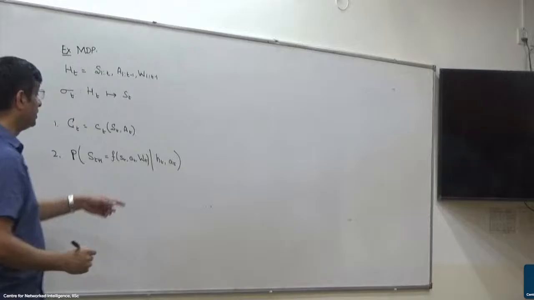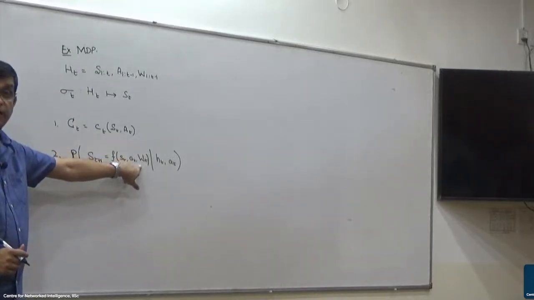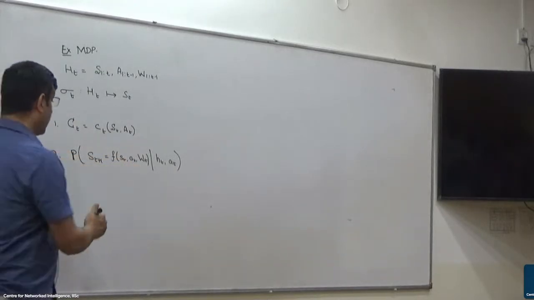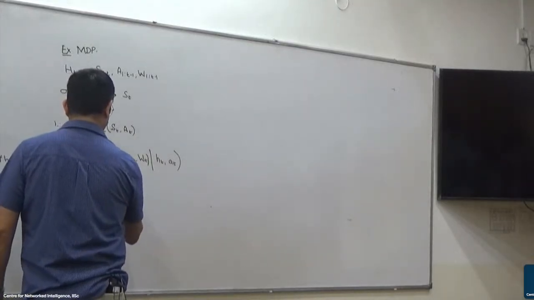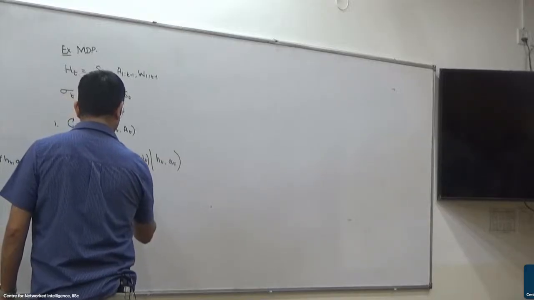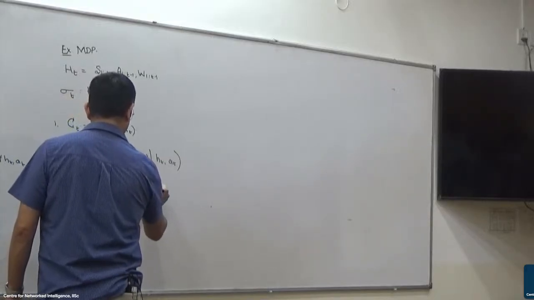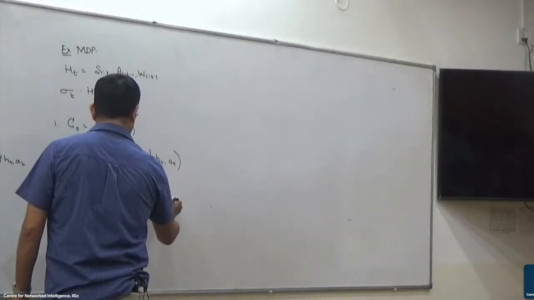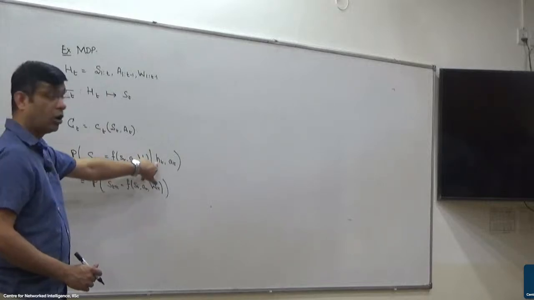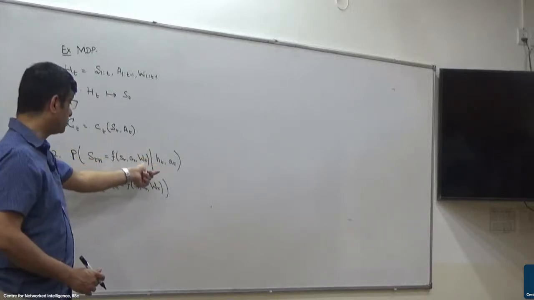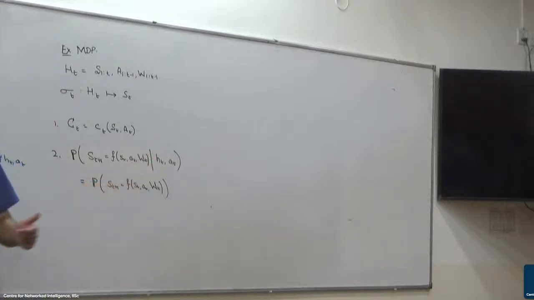By my assumption that Wt was independent across time, this object is really the probability of St plus 1 equals some function of St, At and Wt, and this will be the same whether I condition just on the current state and action or the entire history, because the distribution of Wt does not depend on any of these things. Yeah. Under what conditions does in some sense a useful information state generator exist?